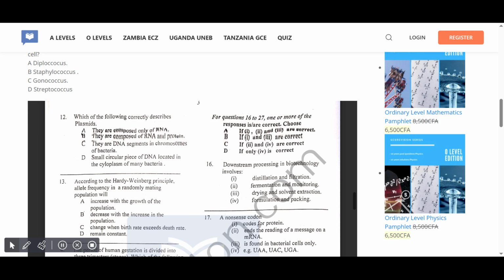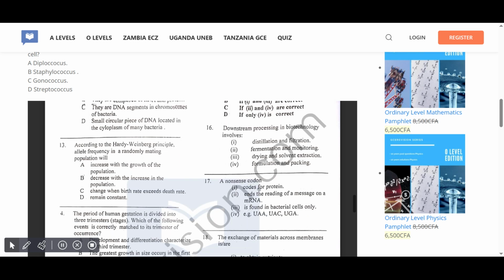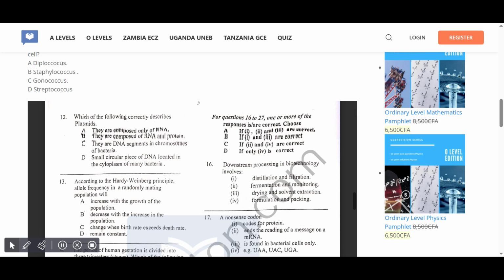The answer is B. Question 17. A nonsense codon. The answer is C, which is 2 and 5.